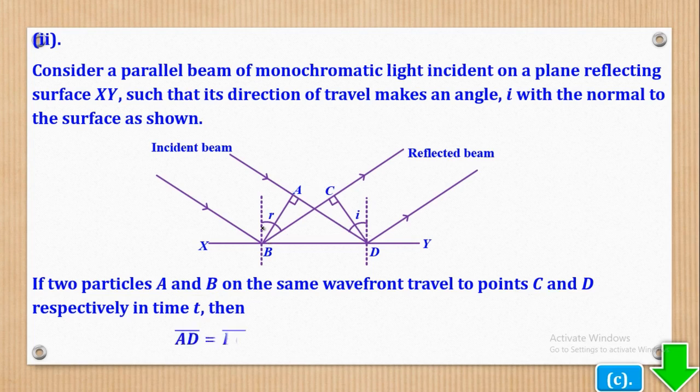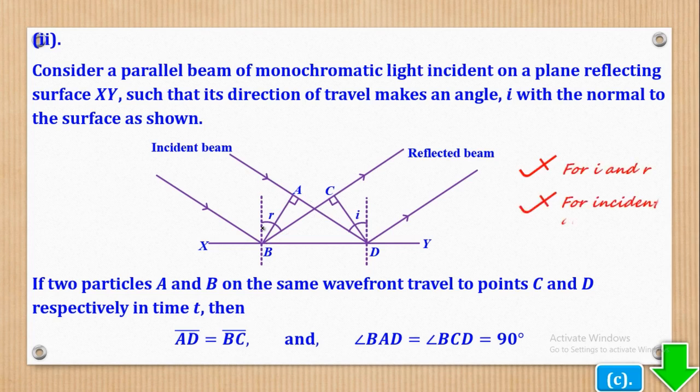In the same time, it implies that this distance AD is equal to BC because they have used the same time and the speed is the same. And the angle BAD is 90 degrees, and also this one is 90 degrees. So those are the marks for this slide.